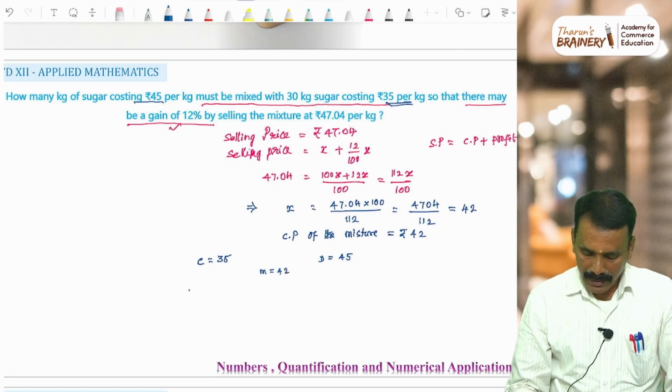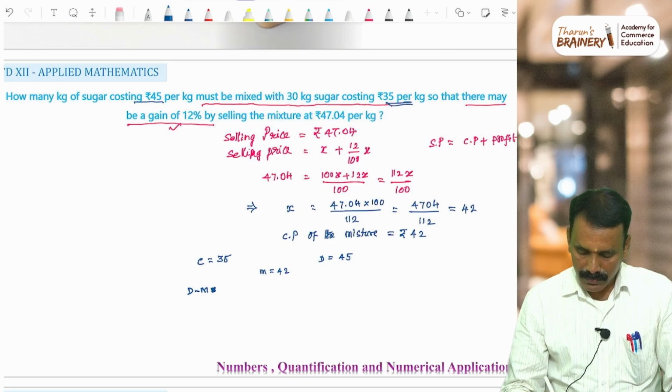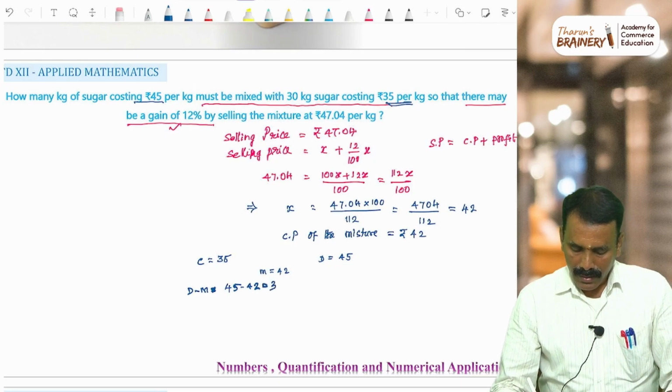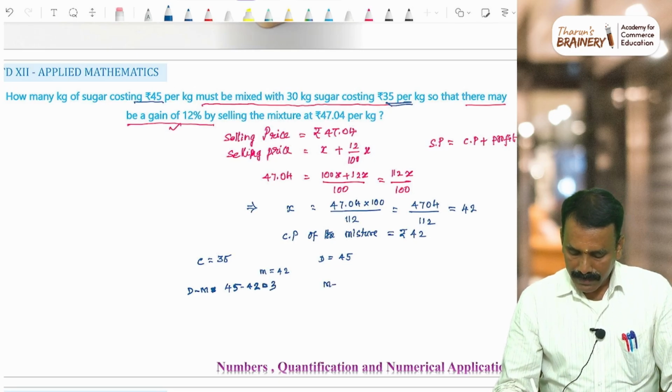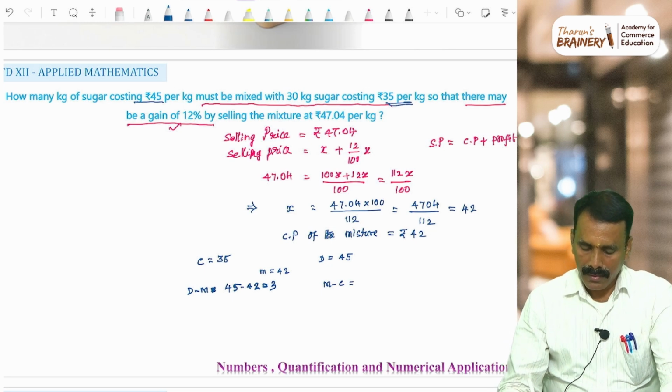Here we calculate D minus M: 45 minus 42, that is equal to 3, and M minus C is 42 minus 35.